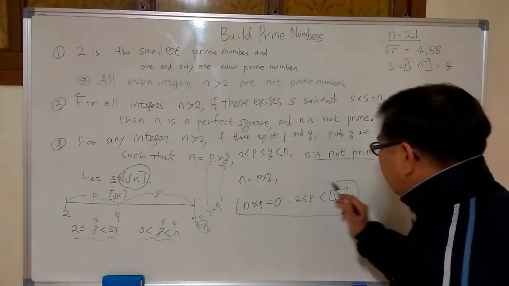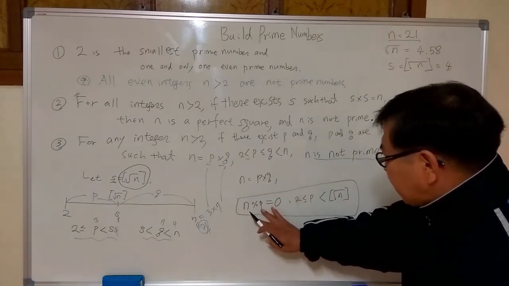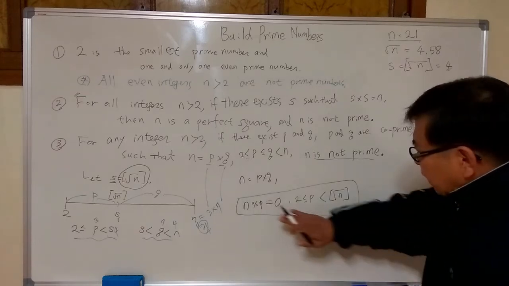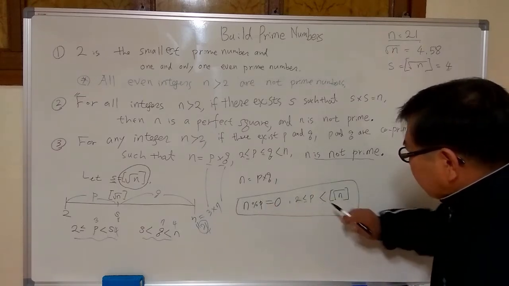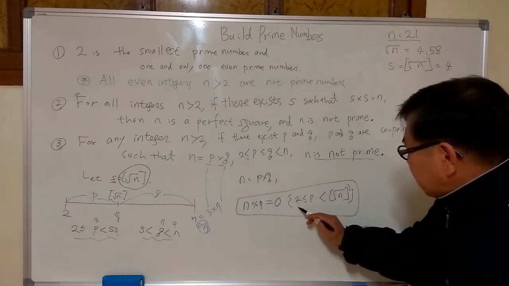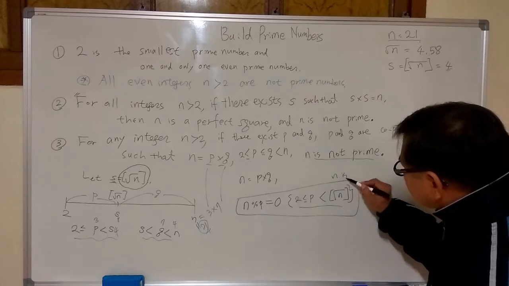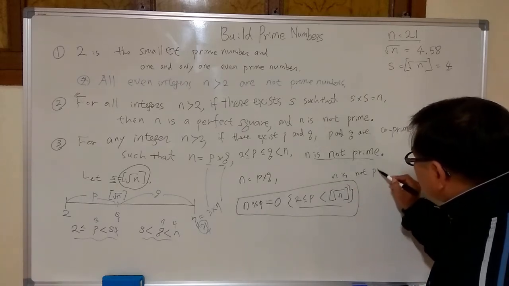If this equation holds for some number P in this range, then n is not prime.